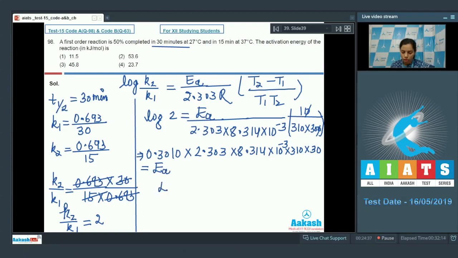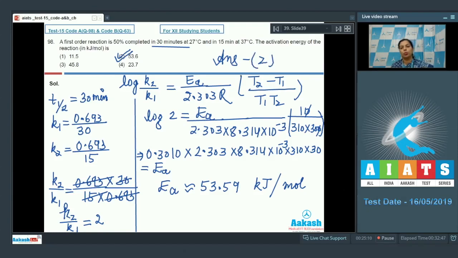Now if you solve this, you will find that the Ea value is approximately 53.59 kilojoule per mole. This answer is given in option 2, 53.6. Rounding off, the correct answer becomes option 2.